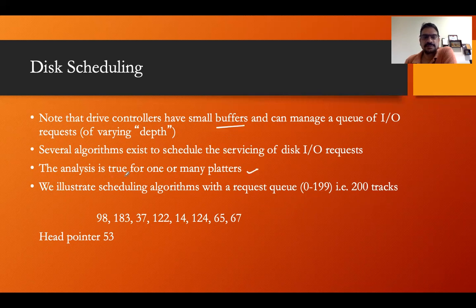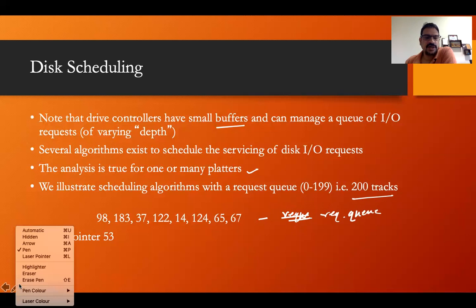So now let's assume that we have these requests. Let's say we have 200 sectors in the disk from 0 to 199. And these are the requests that are coming into the queue. So this is my request queue right now.